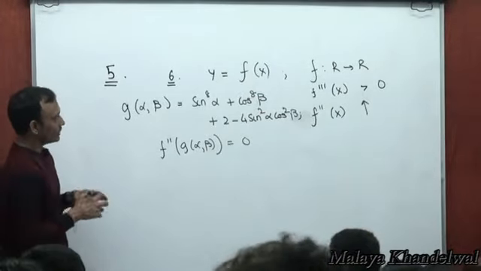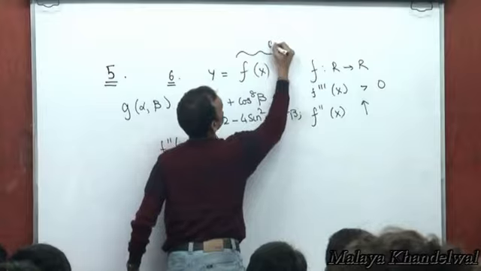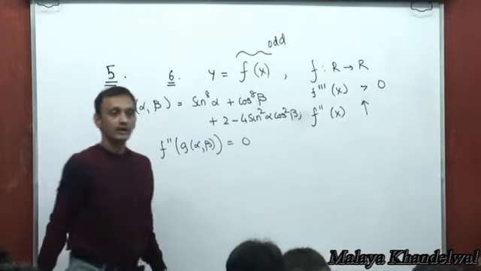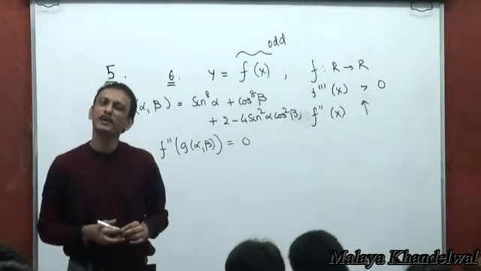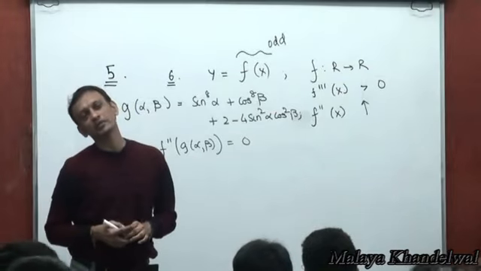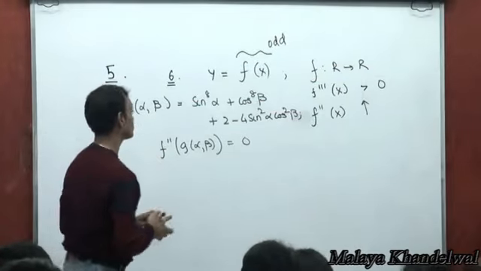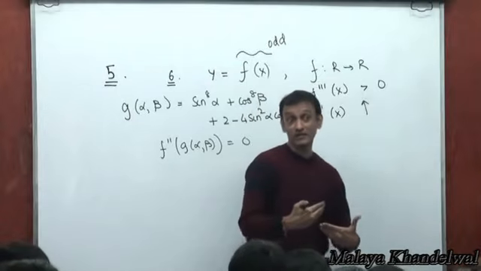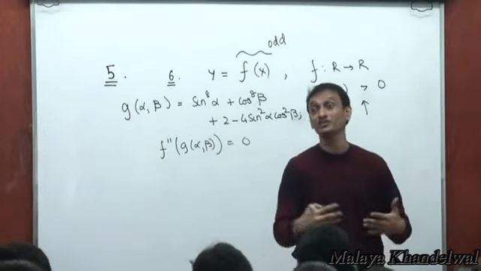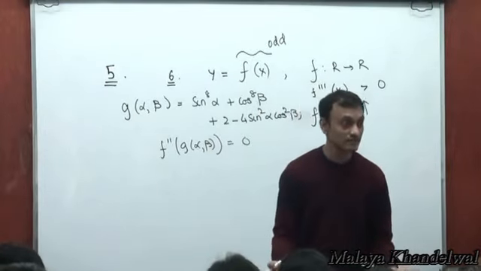It's given that f is an odd differentiable function. If f is odd, f dash must be even, f double dash must be odd. Yes or no? Derivative of an even function is odd, derivative of an odd function is even. You know this, right?